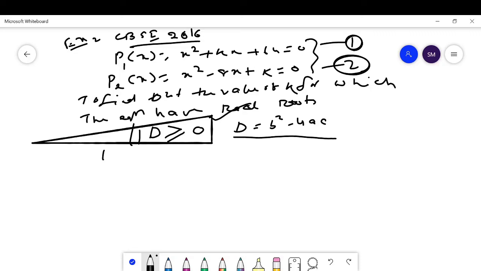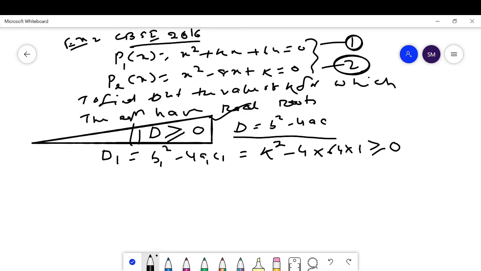Here for equation 1, d1 is equal to b1 square minus 4a1c1, which for equation 1 is k square minus 4 into 64 into 1, which must be greater than or equal to 0. Here k square minus 256 is greater than or equal to 0.